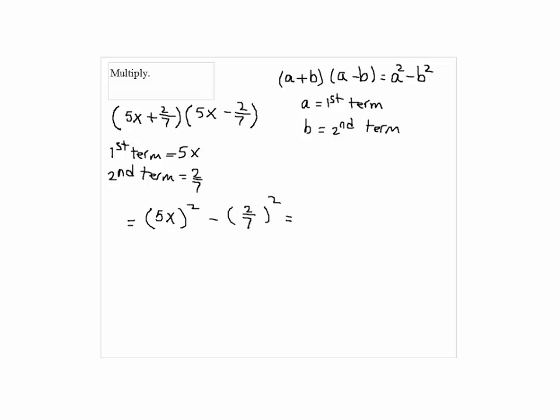So in this case, we write this as first term squared minus the second term squared. The first term is 5x. Second term is 2 over 7. So we have 5x squared, which is 25x to the power of 2, minus 2/7 squared would be 4 over 49.